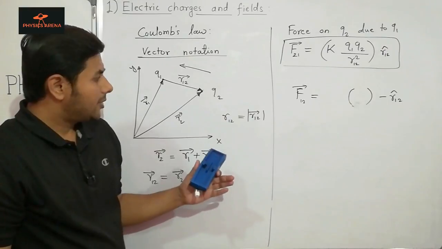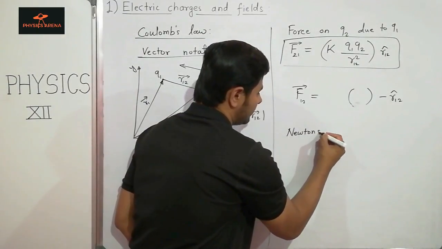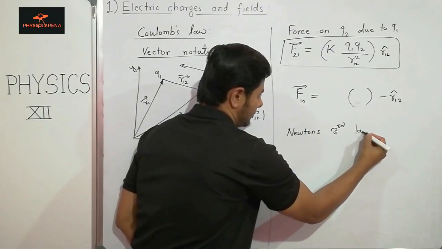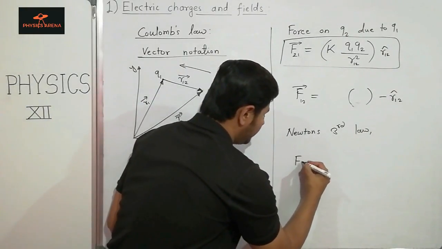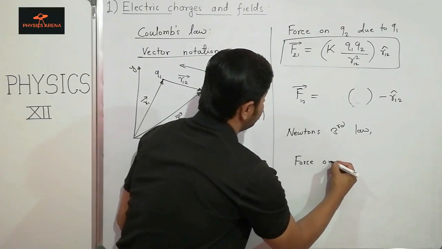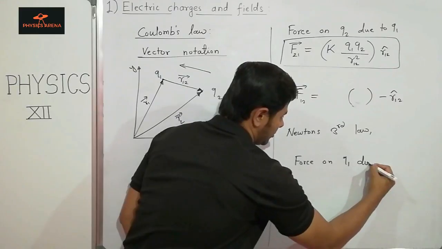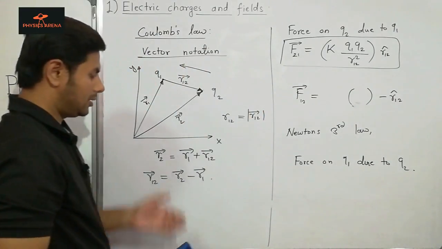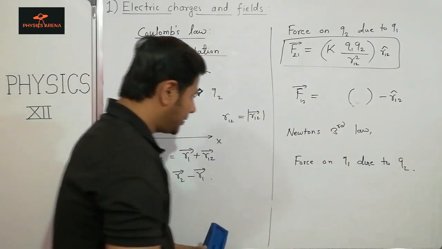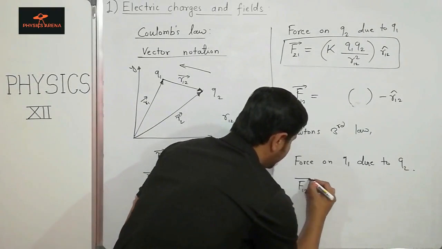Now using Newton's third law, we can write the force on Q1 due to Q2, and this force we will denote by F12.